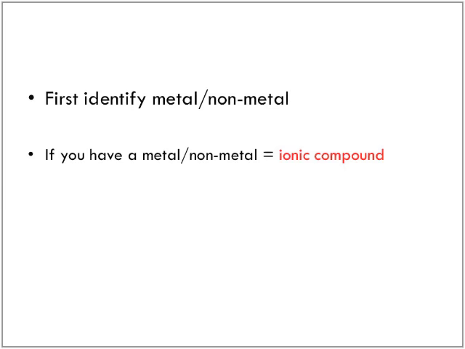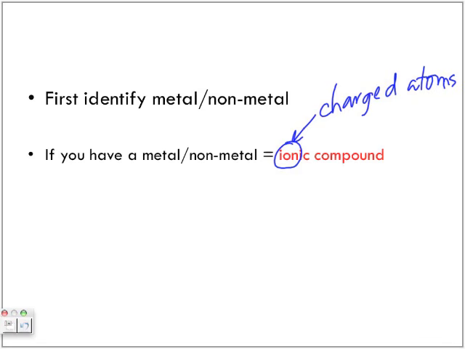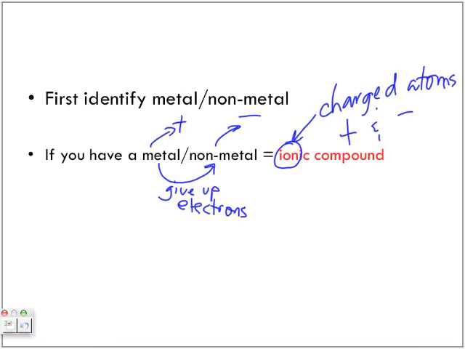And with ionic compounds, key word here being ion, so we know we're going to have charged atoms. So we're going to have a positive combined with a negative. So metals, if you notice in the periodic table, metals become positively charged, non-metals become negatively charged. And how do they become? Well, as you should know, metals usually give up electrons to these non-metals.